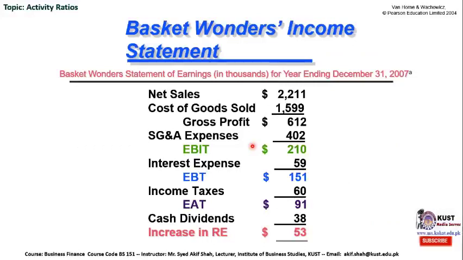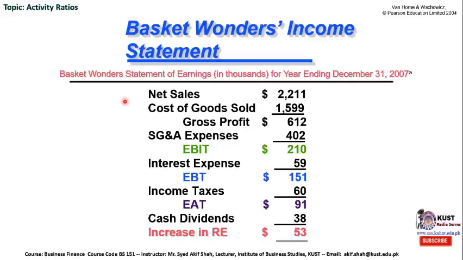Therefore we have presented the Basket Wonders income statement for the same year ending December 31st 2007. The components of the balance sheet and income statement have already been discussed in a couple of my previous lectures, so to learn the procedure to make the balance sheet and income statement, you can go to my previous lectures number 24 and 25 for larger details.